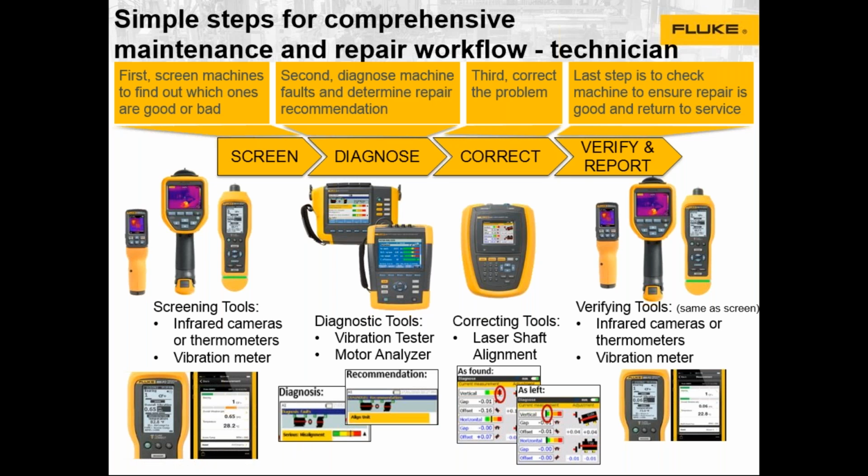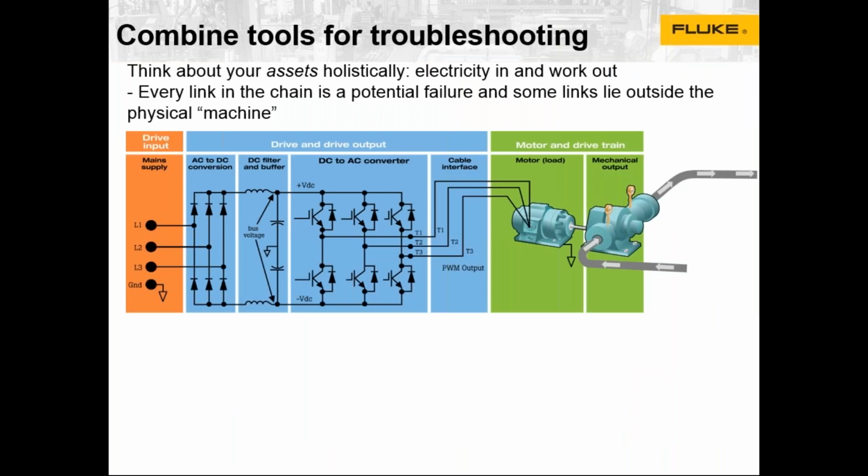We then went in and corrected that fault with a laser shaft alignment tool. And then we did a quick second test, and we found out, hey, now that machine is healthy. So these are the kind of tools that technicians can use without having to be experts to quickly find out what a fault is and get the machine running again.